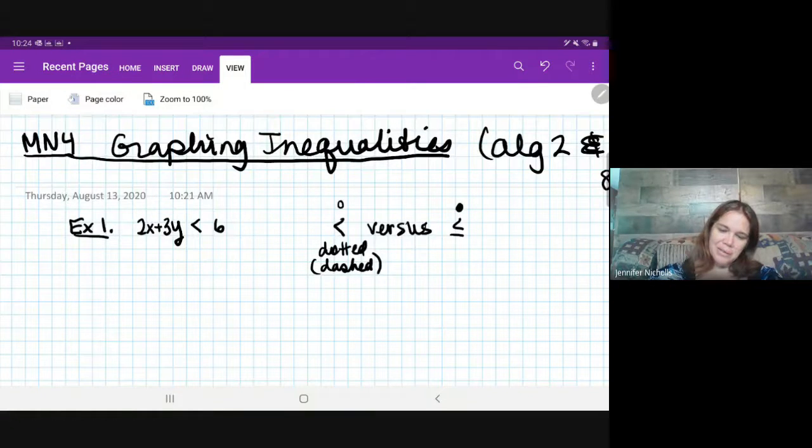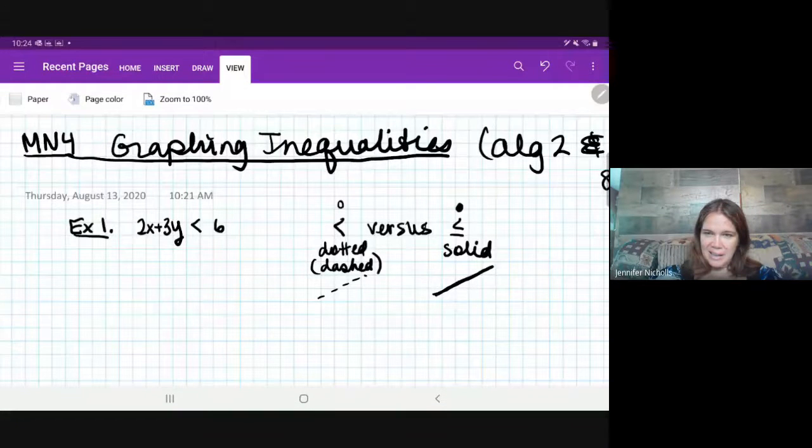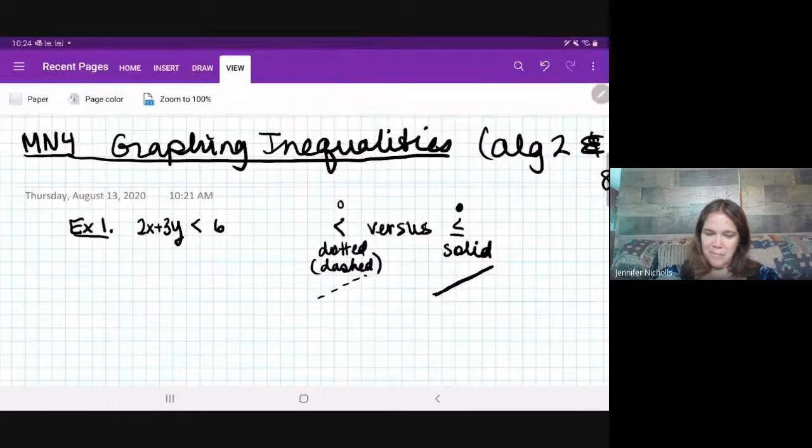And what's this one? What's the opposite of dotted? Remember, you have dotted lines? And then what about the one with the equal to under it? Maybe we call that a solid line. Remember that? Okay.